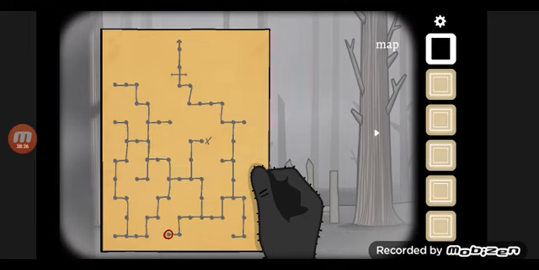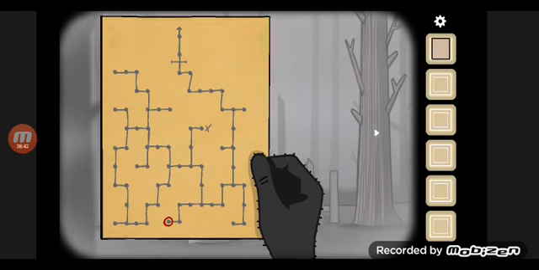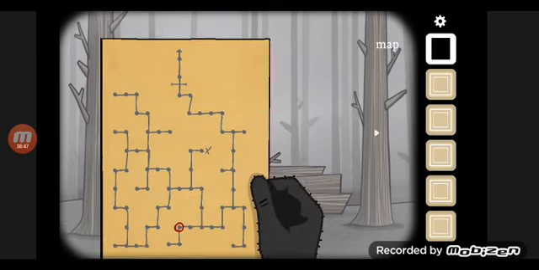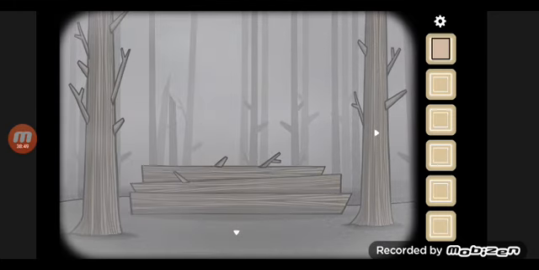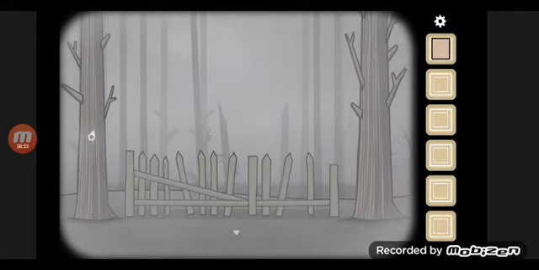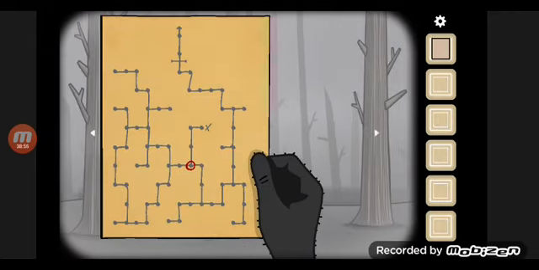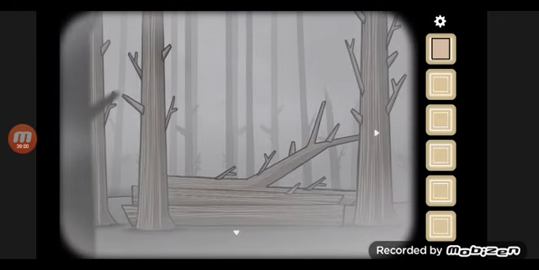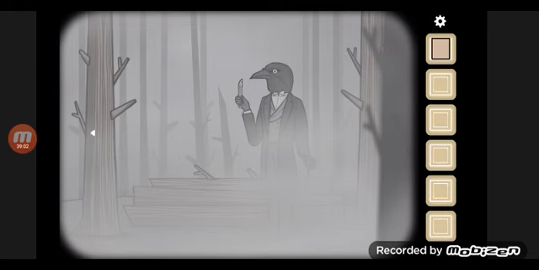Now let's head to the second point, marked with the nets. And we see here Mr. Crow holding a knife in his hand.